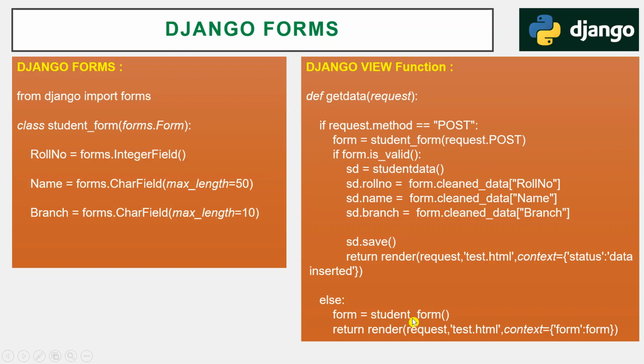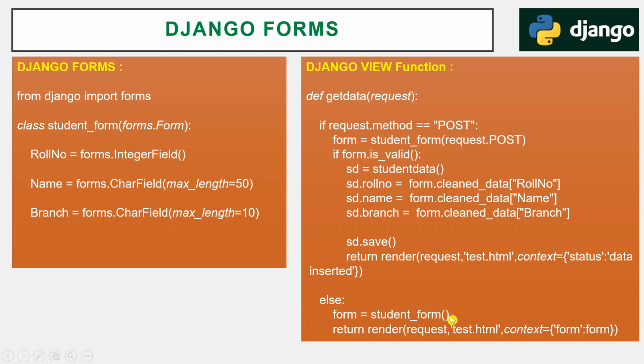The student_form will be instantiated. The necessary import, from students.forms import student_form, must be specified at the top of the view function, friends, otherwise errors will come.